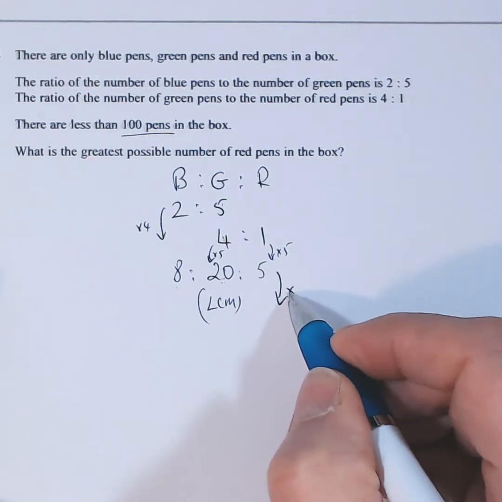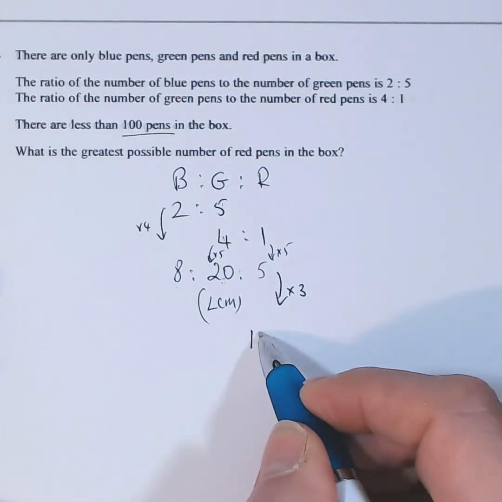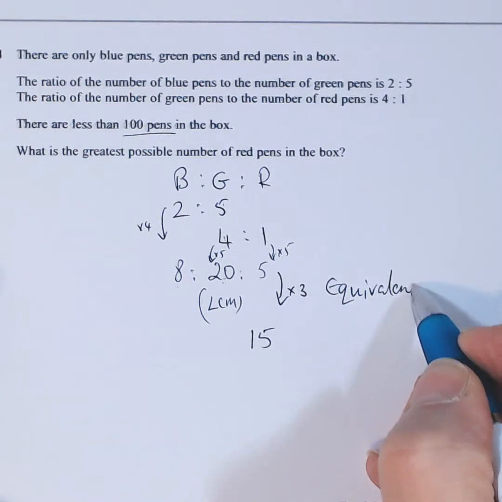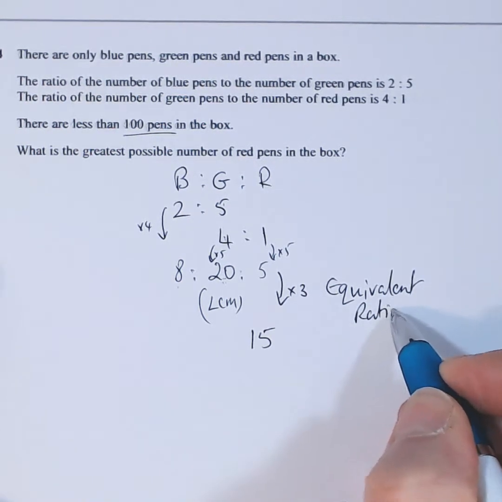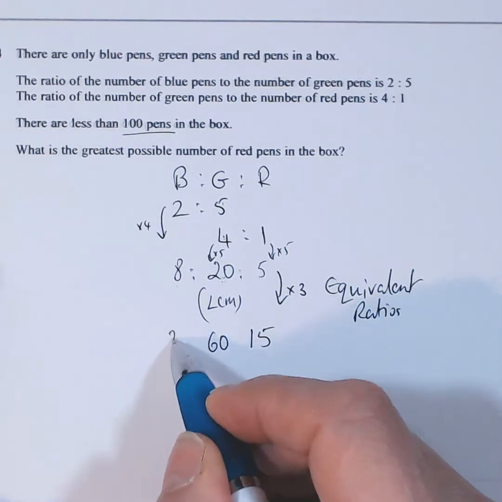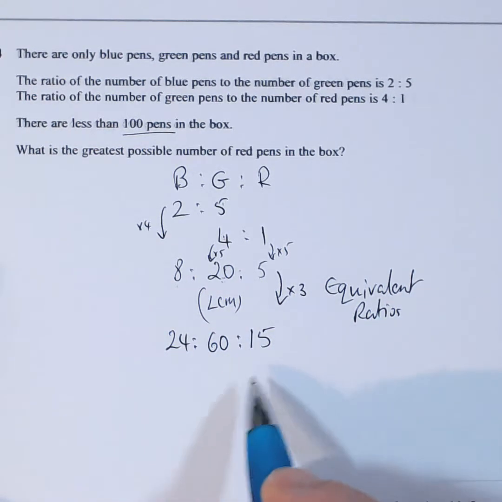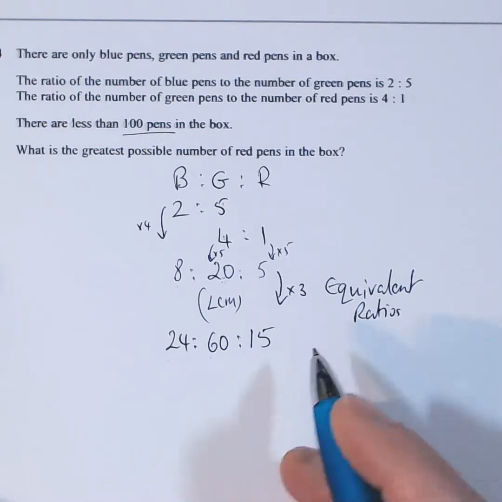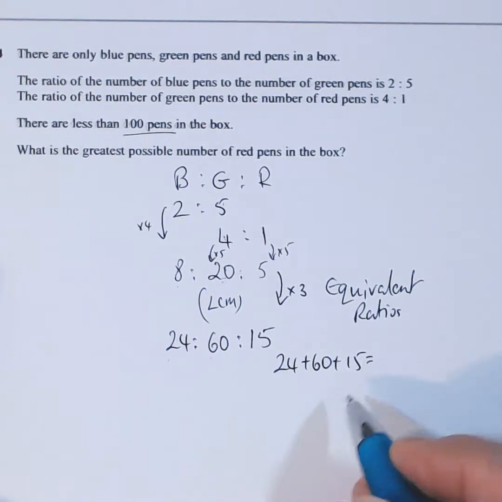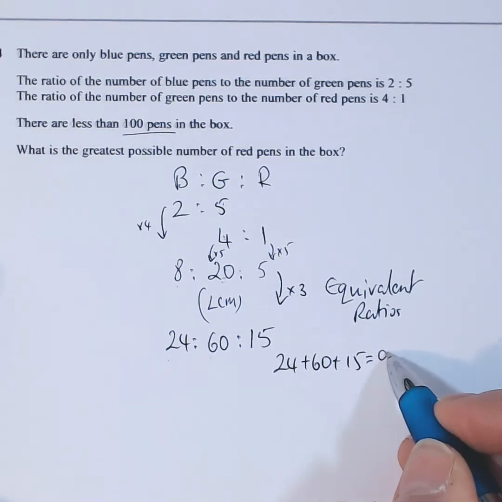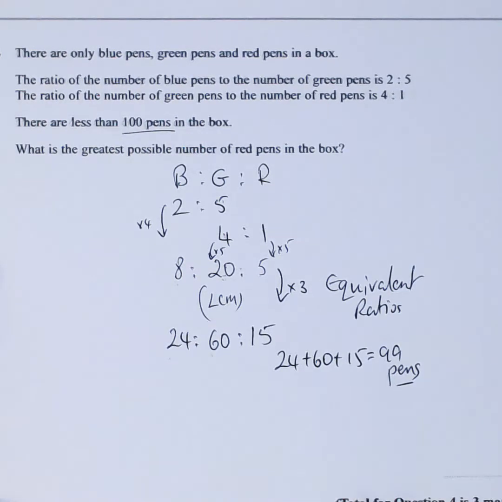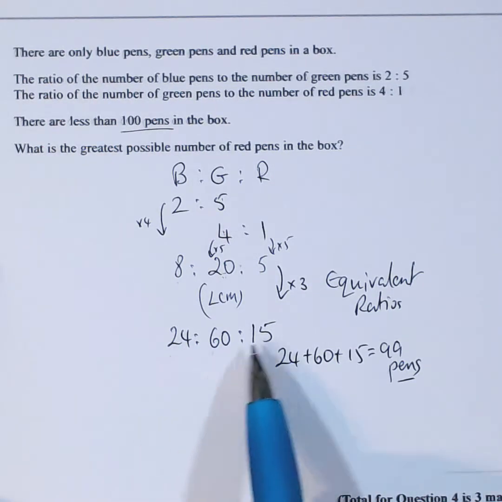So if we times up by 3, keeping it equivalent, so again we're working with this idea of equivalent ratios, then times that by 3, times that by 3, times that by 3, then we can see that this would be a total of 99 pens, so 24 plus 60 plus 15: 84, 94, 99. And that's as close to 100 as you're going to get, keeping the ratio to the equivalents.